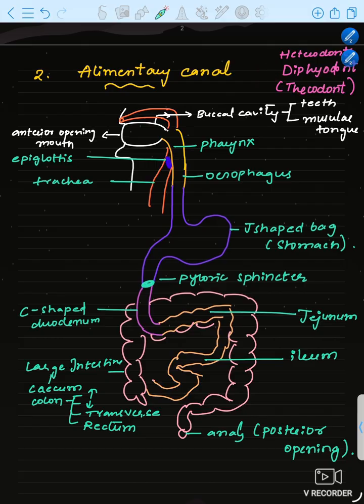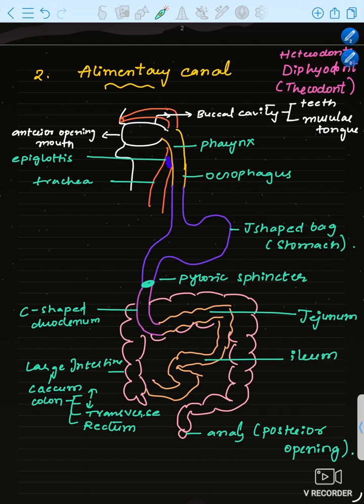Milk teeth are 20 in number and permanent teeth are 32 in number. Heterodont means different types of teeth, like incisors, canines, premolars and molars. Different types of teeth are present, that's why it is heterodont.